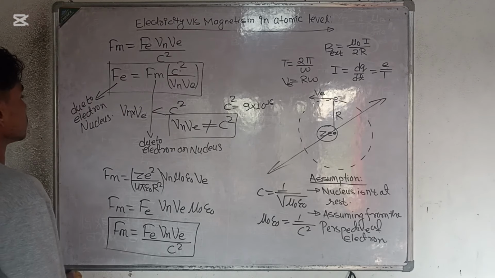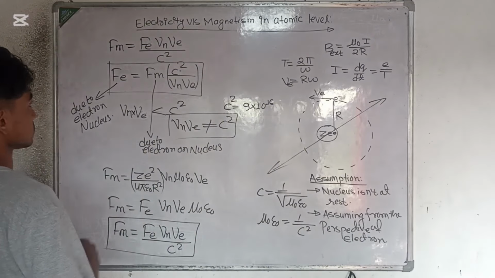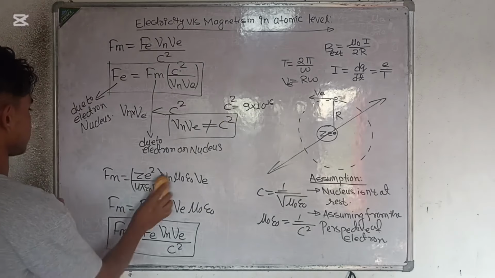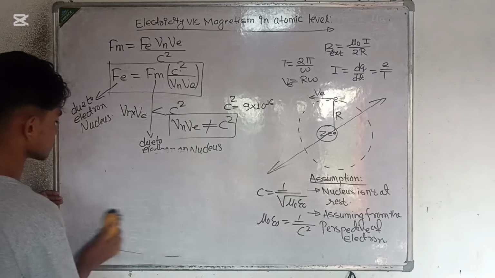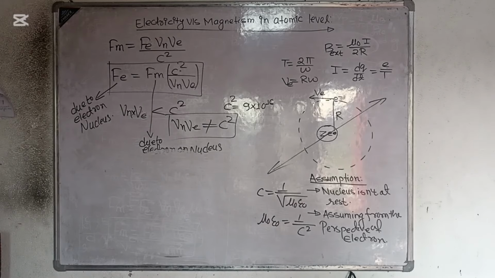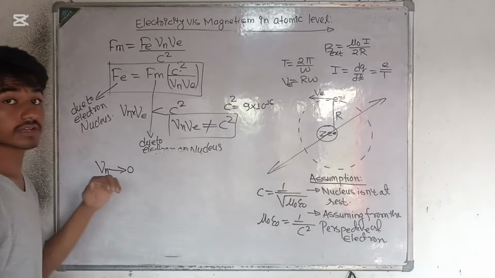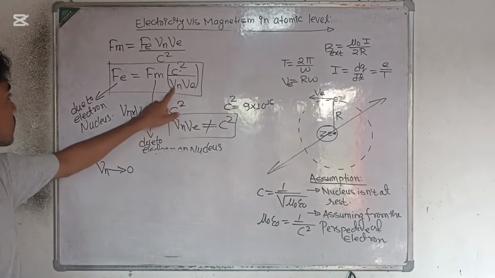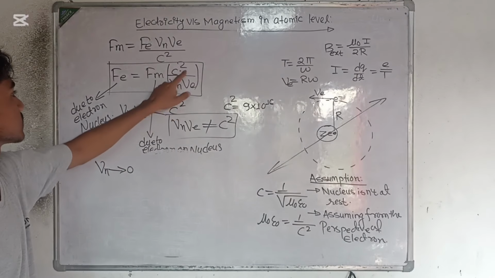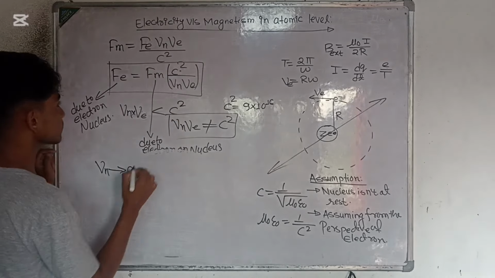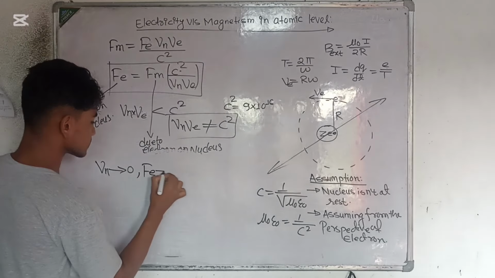So if you have learned this stuff up till now, we are doing some calculations here, right? So what if the velocity of the nucleus is 0? Let us assume the velocity of the nucleus tends to 0. If the nucleus is at rest, something divided by 0 would end up getting infinite. So we will get an infinite electrostatic force.